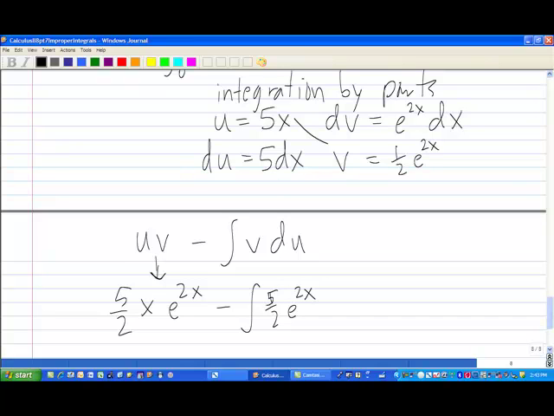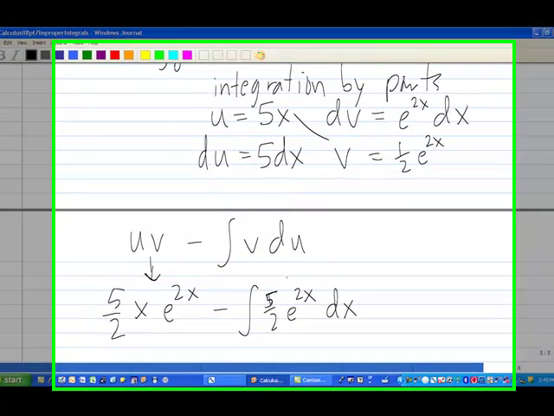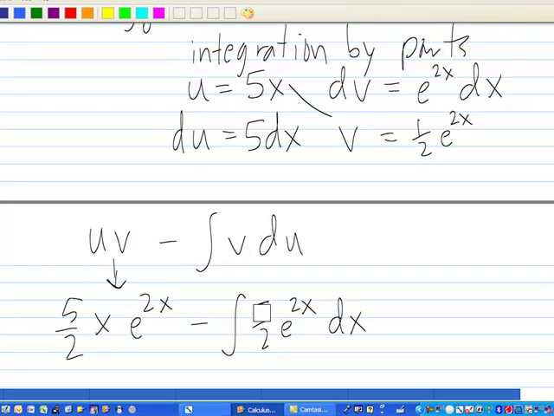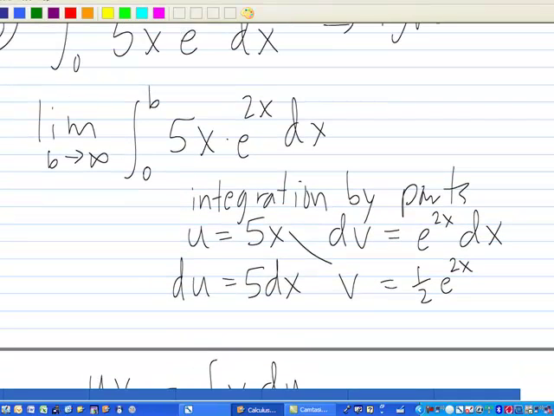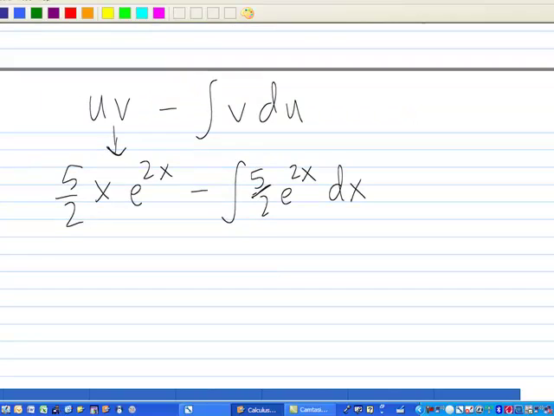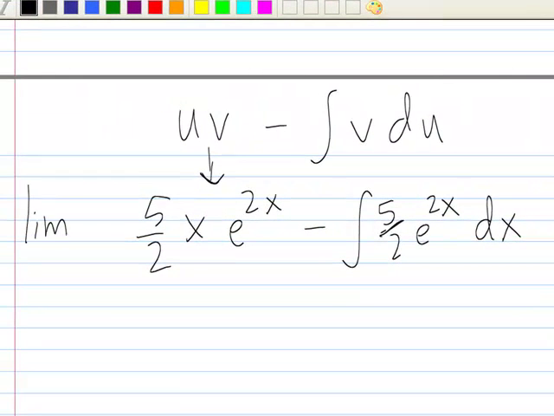I'll put the 5 above the 2. 5 dx right there. This is what should come out of the integration by parts. Don't forget the bounds. The bounds were 0 to b, and it's also a limit as b goes to infinity. 0 to b here, and then the other integral gets the bound 0 to b.